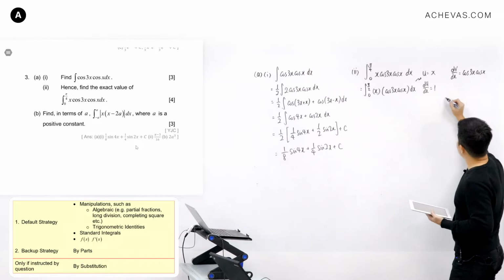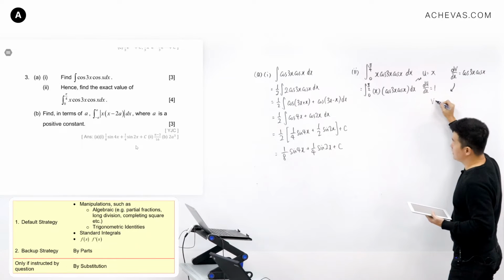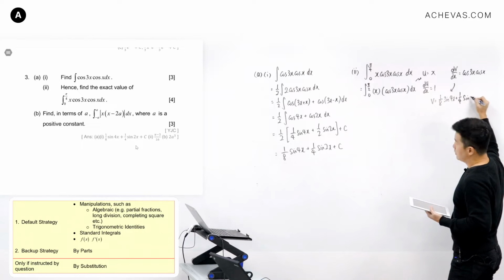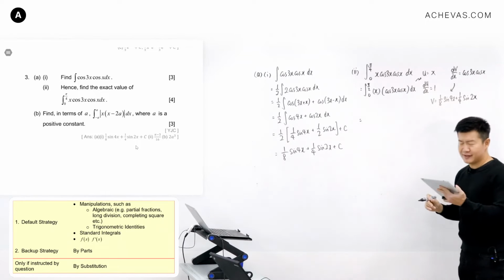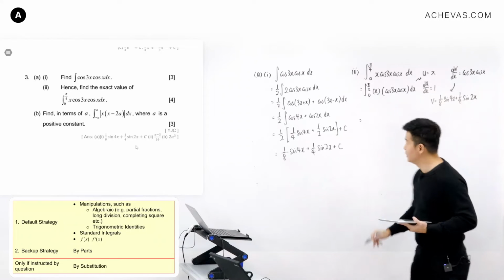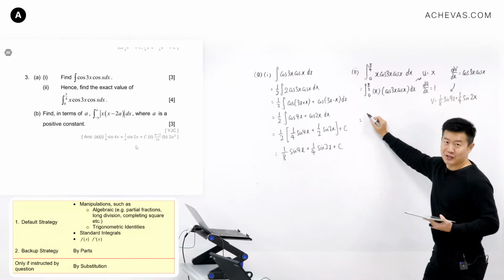Let me just write it down. So from here, v is going to be equal to 1 over 8 sine 4x plus 1 over 4 sine 2x. And now I can re-express this, and then it seems to be a very tedious question. But I don't think it is that difficult for us, right?